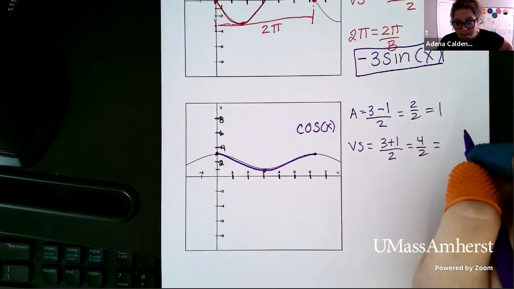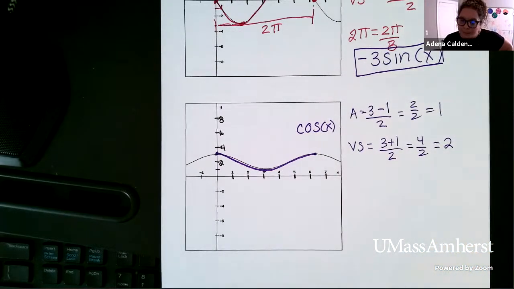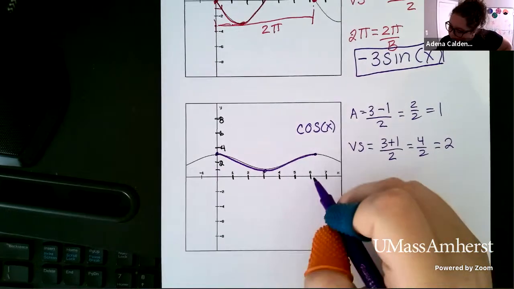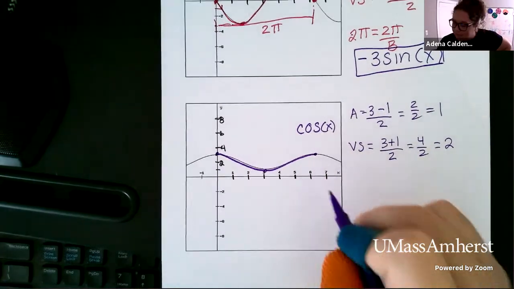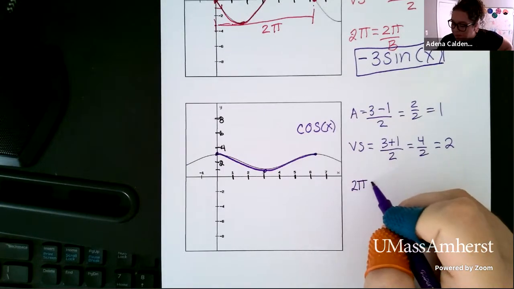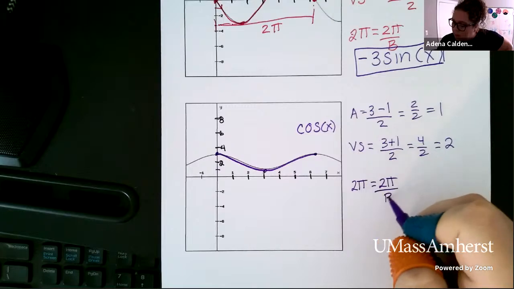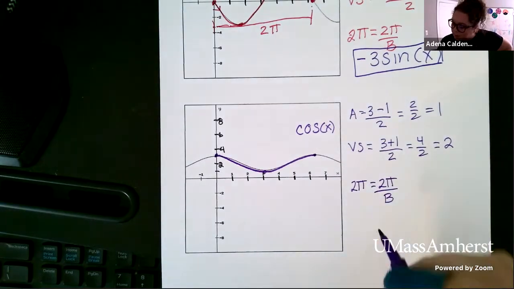That is not 0, so I do have a shift here, positive 2. And then for my period, again, I see that I'm a little bit past 6, so that's 2 pi. This is going to be the same as last time. If it is 2 pi, that means your b is 1. So we don't have to do anything special here.